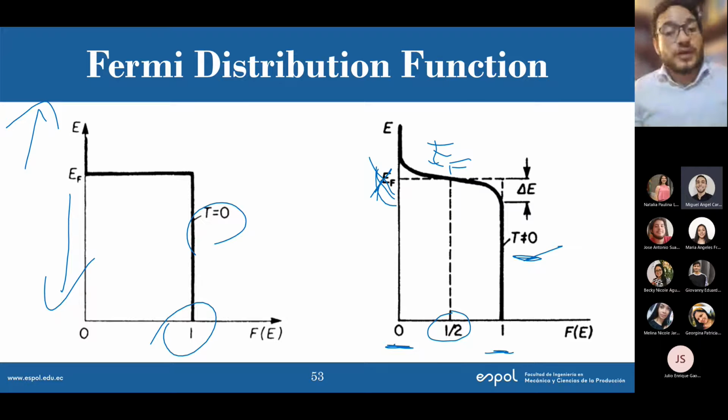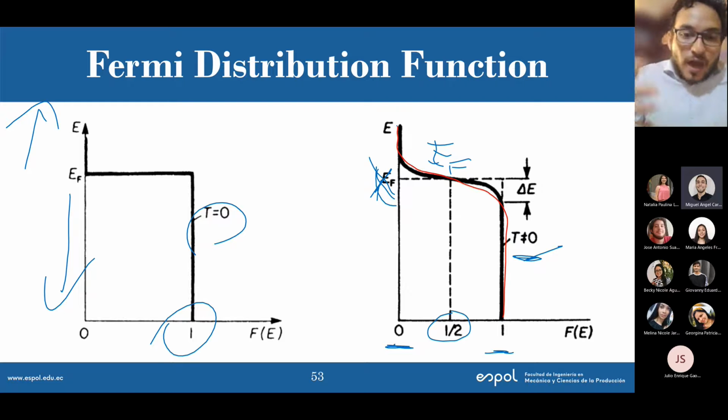It's just something arbitrary that they said, because obviously this function is going to change. If you plot this function, you can also plot it with the inverse axis, so you can plot f of E versus E, and it's going to be the same. You will get this picture definitely. And all they said is, okay, guys, where are we going to define the Fermi energy? They said, let's do something smart.